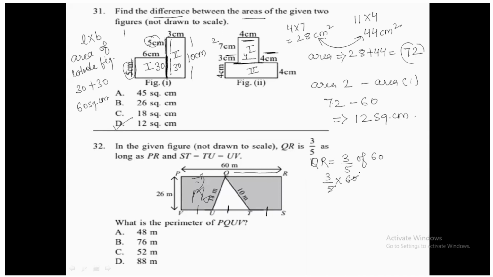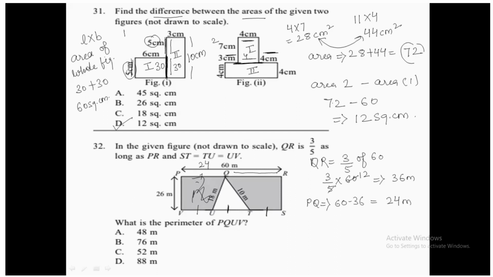So we cut 60 by 5, we get 12, and 12 threes are 36 meter. So QR will be equal to 36 meter. If QR is 36, we need to find the value of PQ, which is 60 minus 36. When we subtract 36 from 60, we get 24 meters. So the value of PQ is 24 meter.